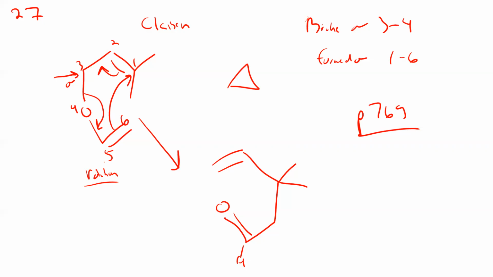If you want to read page 716, I'll give you a minute to do that. And the reason why this happens is the equilibrium greatly favors the product because the formation of a carbonyl bond is thermodynamically more stable, lower in energy than a carbon-carbon double bond.